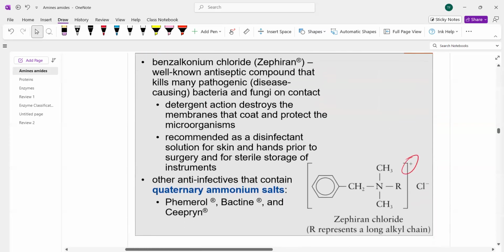Used as antioxidant or antiseptic compounds, pesticides. You've heard of Bactine probably. Some of these others I've not heard of before. So again, we have a nitrogen with 4 non-hydrogen groups on it. Hence, it forms an ion soluble in water, and usually it's the chloride version.